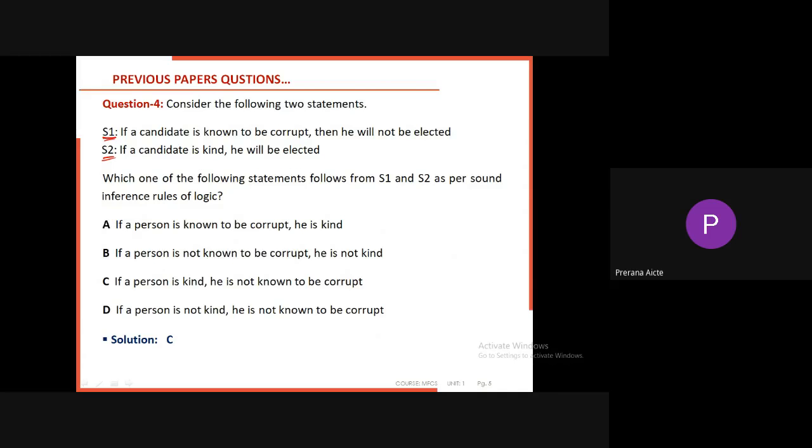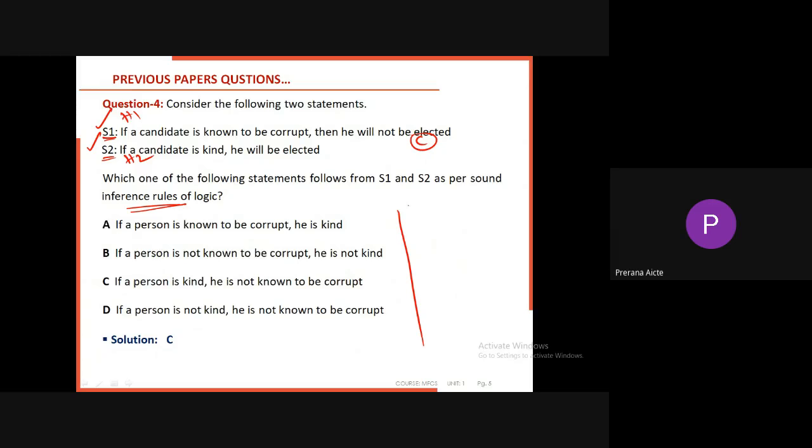Which one of the following statements follows from S1 and S2 as per the sound inference rules of logic? That means from S1 and S2 we have to derive a result. In terms of logic, these are the hypotheses given, and from these two statements we need to derive the conclusion.